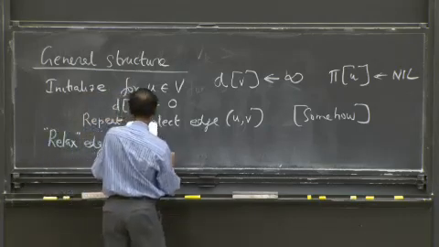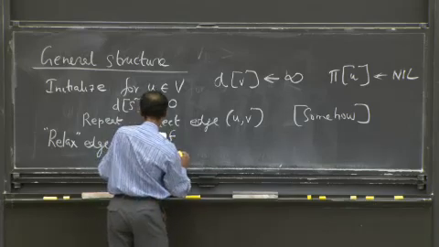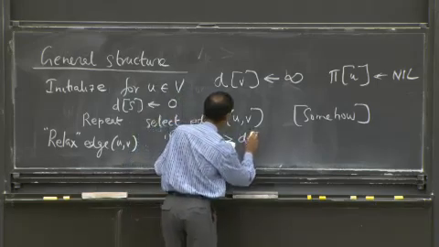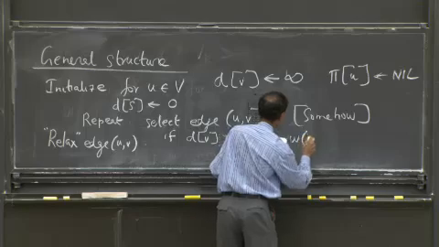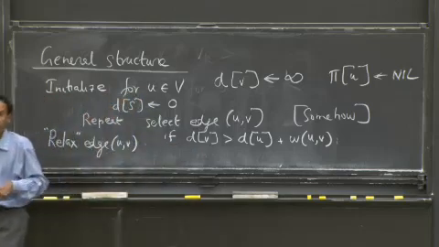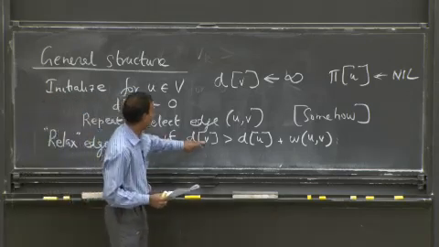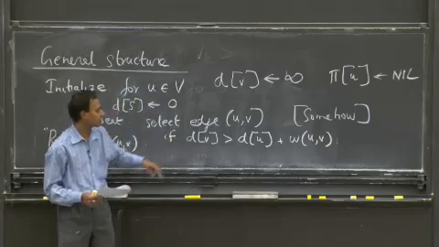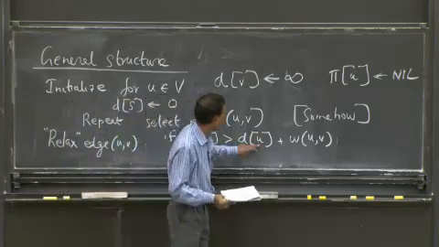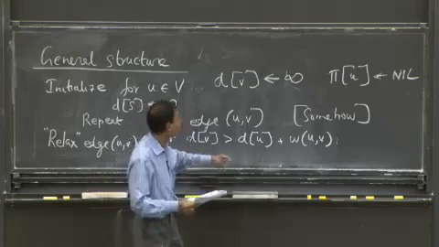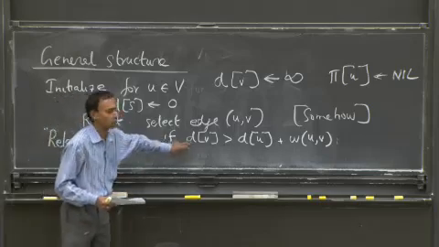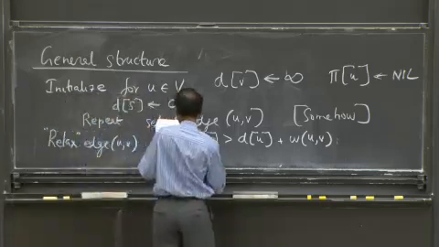And the notion of relaxation is that you look at it and you say, well, if d of v is greater than d of u plus w uv, then I've discovered a better way of getting to v than I currently know. So d of v could currently be infinity, which means I haven't found a way of getting to v yet. But I know that d of u, for example, is a finite number, and I do know that this edge exists from u to v, which means that I can update the value of d of v, and that's what we call relaxation of the edge uv.